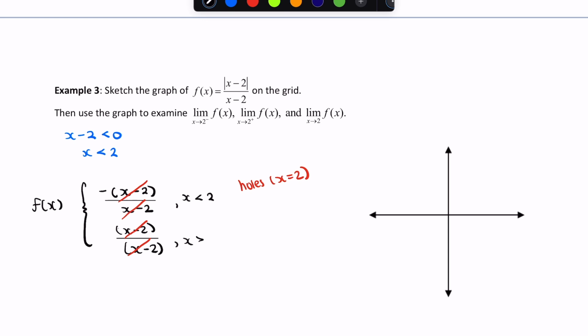It doesn't in this situation because of the domain restriction. So here we see that it's just going to be x is greater than 2. Usually we would write it as x is greater than or equal to 2, but because there is a hole and a restriction on that domain, we no longer write x is greater than or equal to 2, we simply write x is greater than 2.